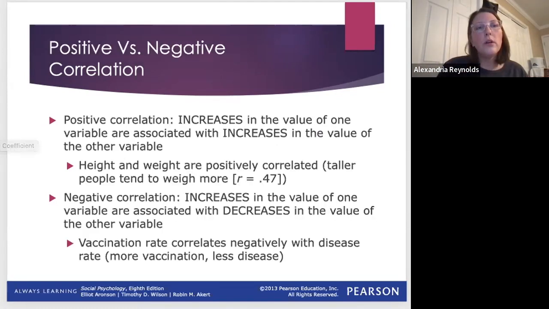So when we look at the sign that's in front of the r, a positive or negative, that tells us what we call direction. So if it's a positive r value, then it's a positive correlation. As one value increases, it is associated with an increase in the value of the other variable.